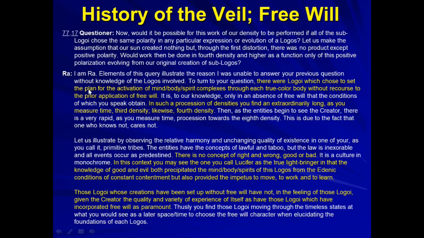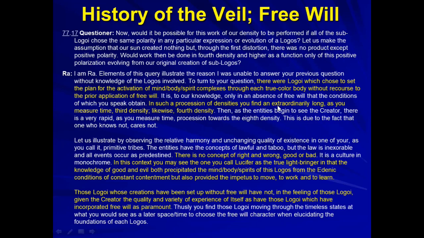And he's saying that there were some suns that set it up so that the individual entities, human type entities, could progress each true color body without recourse to the prior application of free will, without the opportunity to choose completely openly. It was a bit more predestined, and he's going to get into that. It was, to our knowledge, only in an absence of free will that the conditions of which you speak obtain.